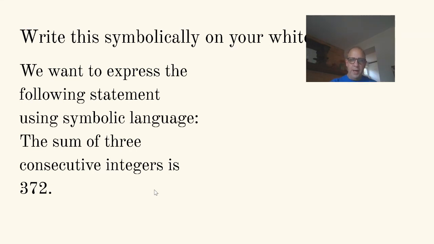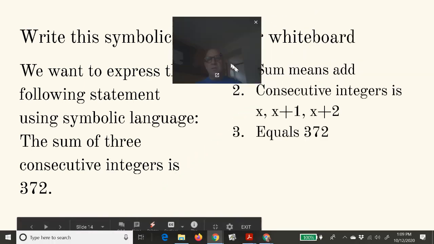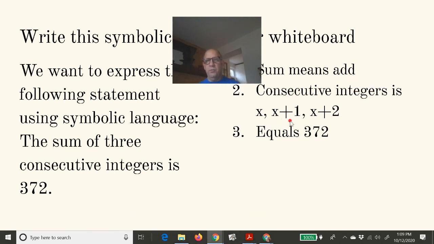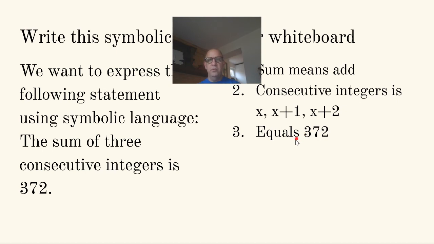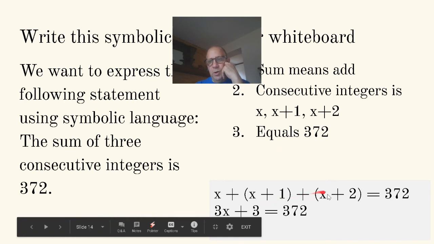So it's going to start with x, and then x plus 1 is the next one, and then x plus 2 is the next one after that. So the sum means to add consecutive integers. I have x plus (x plus 1) plus (x plus 2), and it equals 372.